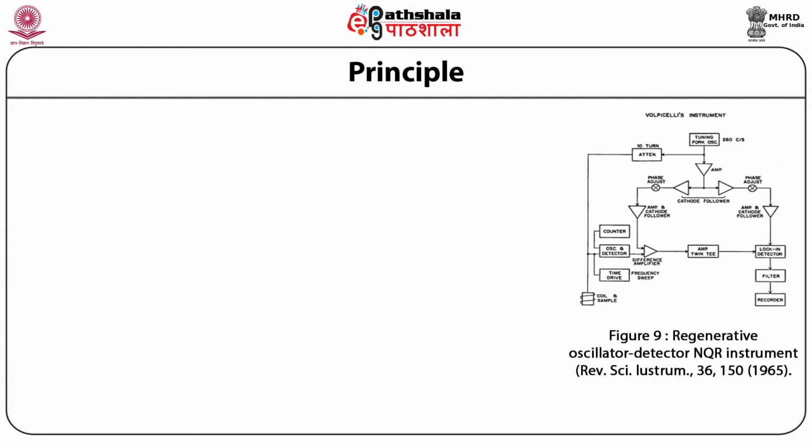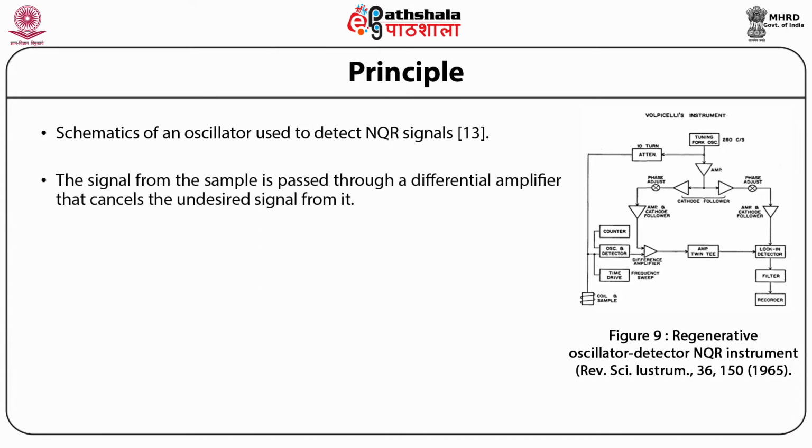Now here comes instrumentation. Students, you can see the schematic of an oscillator used to detect NQR signals. The instrument works in the 2 to 50 MHz frequency range, and the signal from the sample is passed through a differential amplifier that cancels the undesired signal from it.